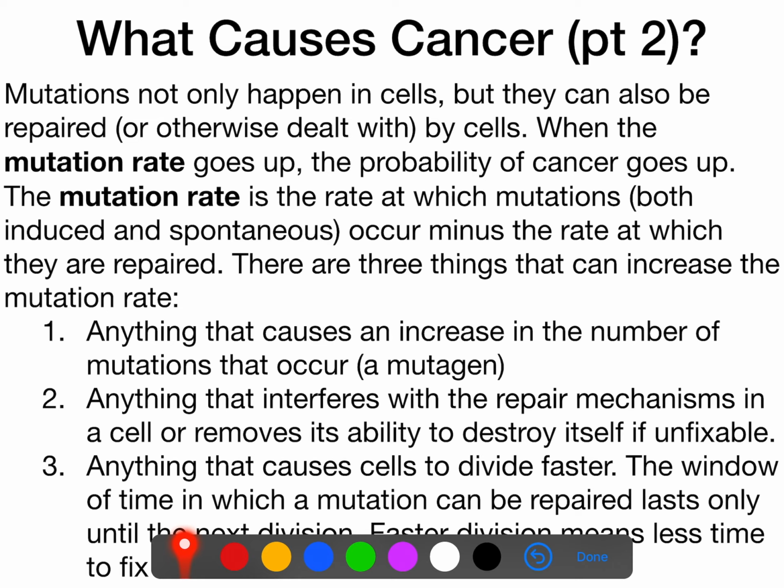And there's generally three things that increase the rate of mutation. And anything that increases the rate of mutation is likely to increase the rate of cancer. Number one, anything that causes mutations, right? If you cause more mutations, then more mutations are going to get through. This would be something like a mutagen, right?